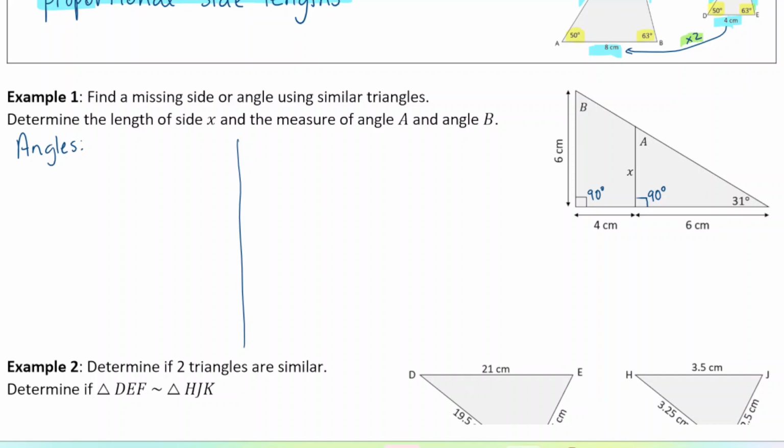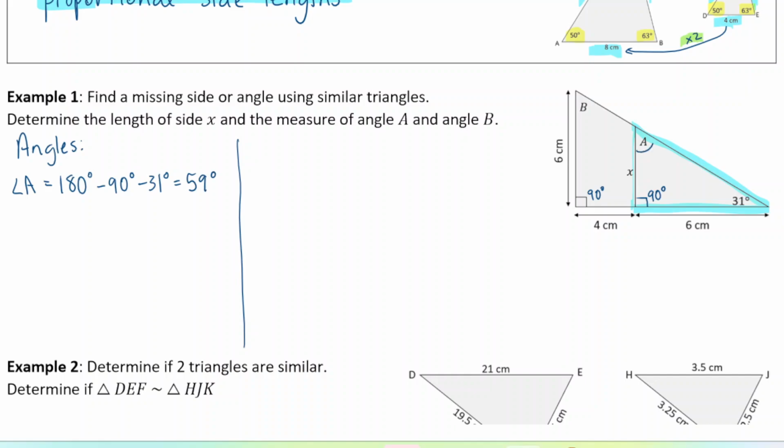There is a fact about triangles that you may or may not know, that when you have two triangles, all the angles add up to 180 degrees. So angle A here, you can write this, angle A is equal to 180 degrees minus 90 degrees, and looking at the blue triangle, minus 31 degrees, and that is going to give us 59 degrees.